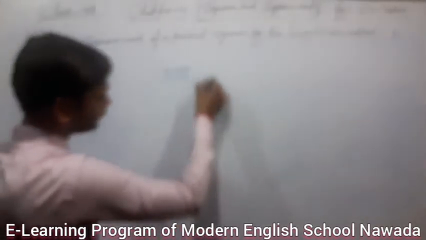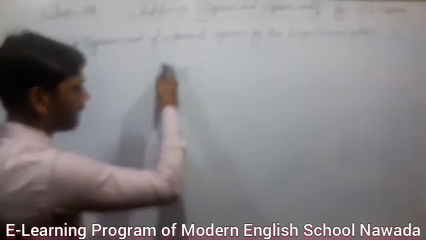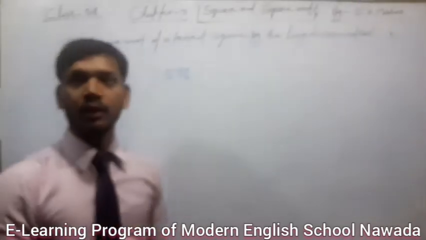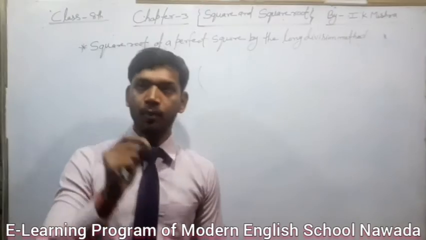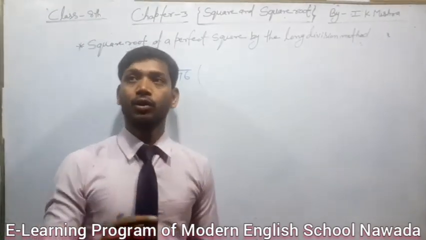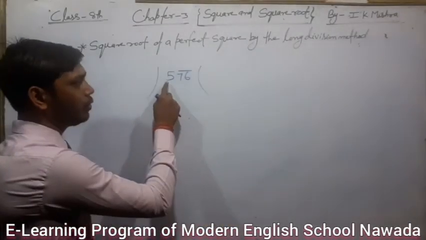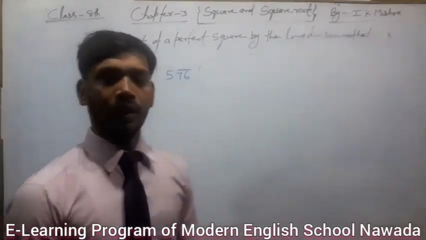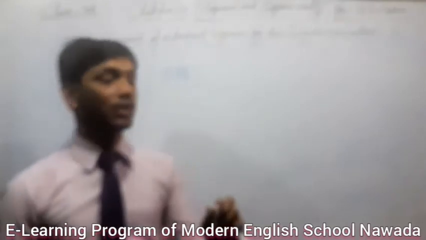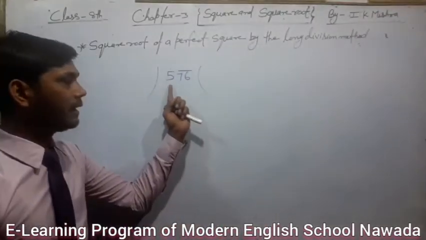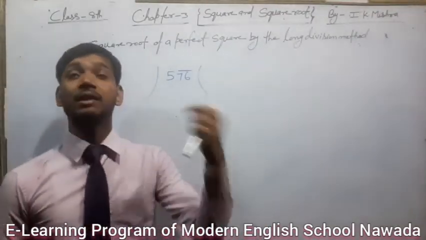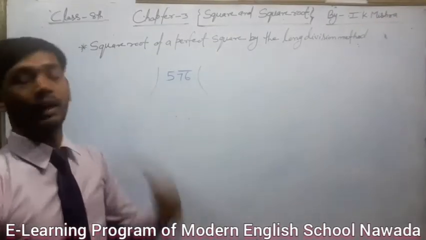Divide it. Here first of all, divide 5, and you think what number you have to divide by, so its square is approximately up to 5. At least a number whose square is not greater than 5.